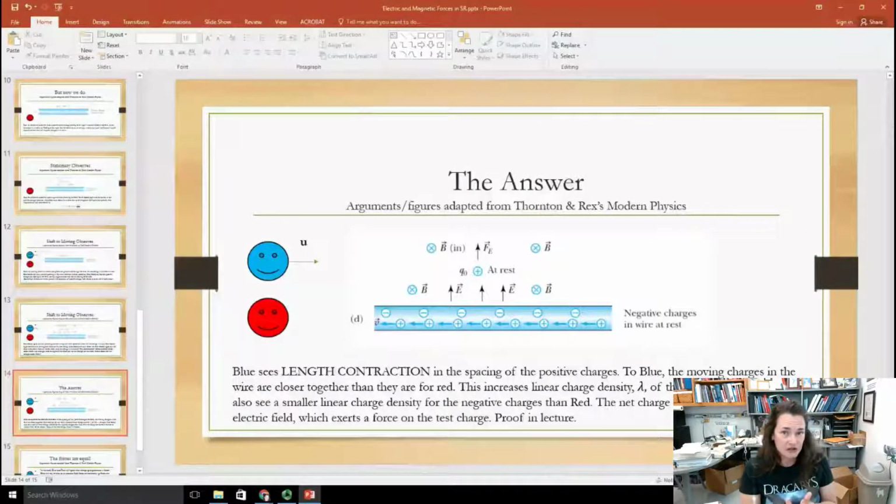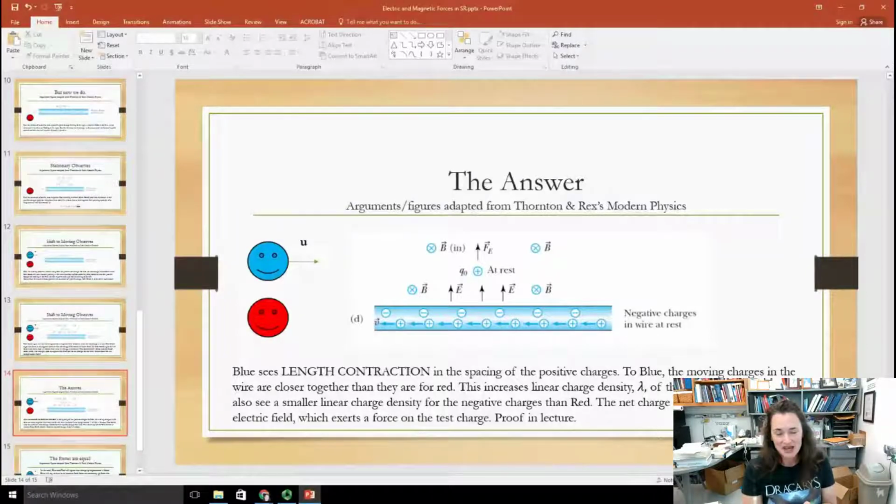If they're closer together, then that means that from the other perspective, the negative charges had to be further apart. So if the negative charges are further apart and the positive charges are closer together, then blue sees an increased charge density. In other words, there's going to be a net positive charge per unit length according to blue.